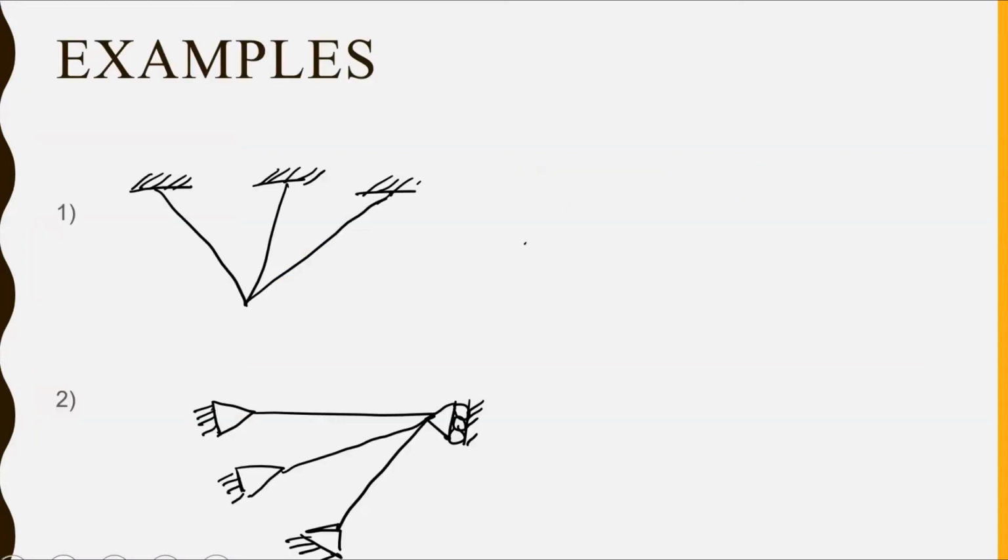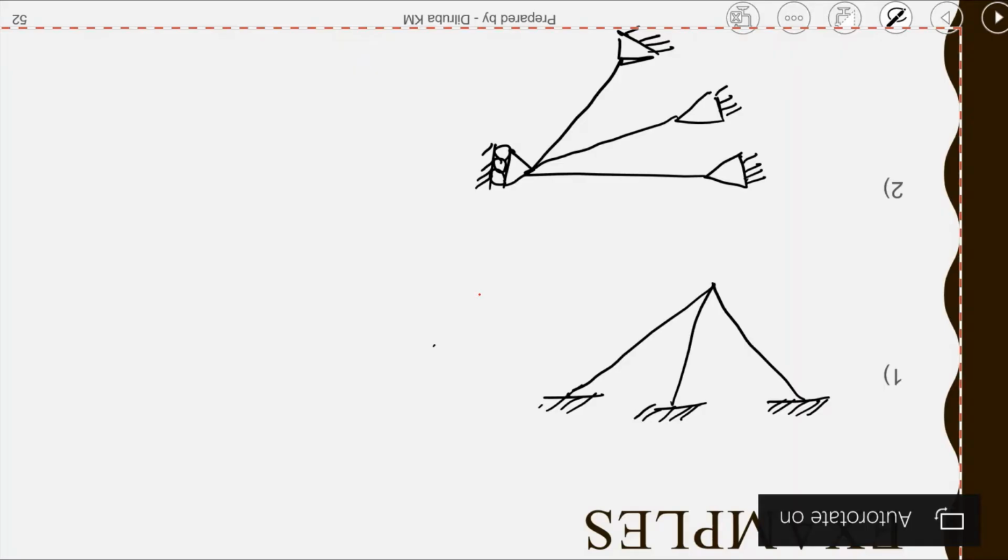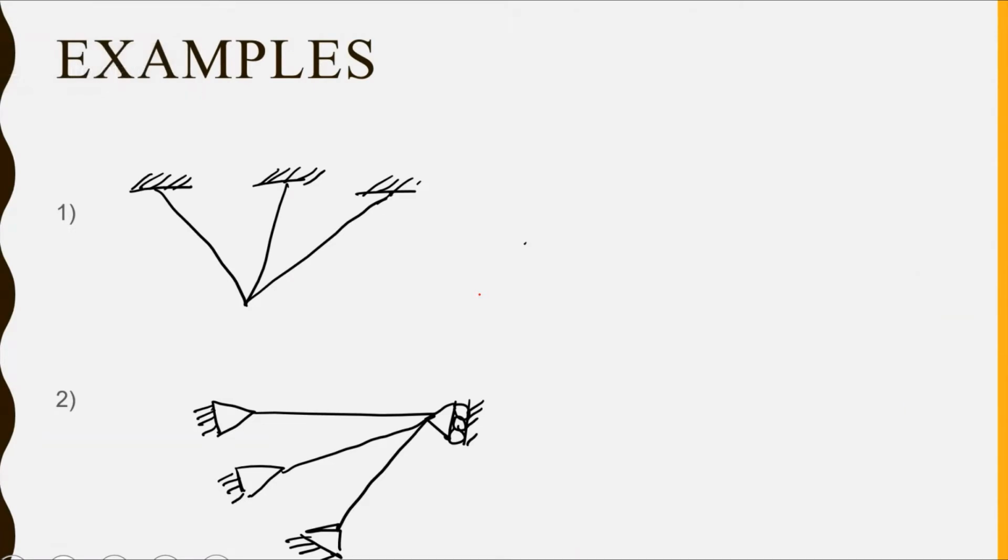Okay. Now let us see some examples regarding this. In the first example, we have one joint and 3 supports. The first support has 0 degree of freedom since it is a fixed support.